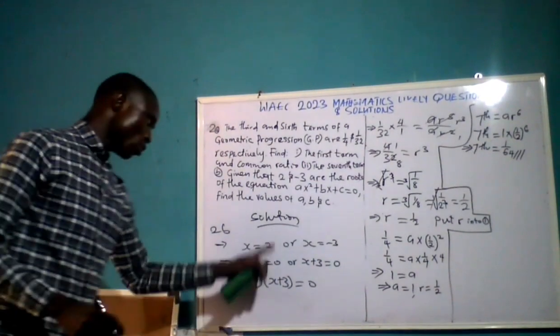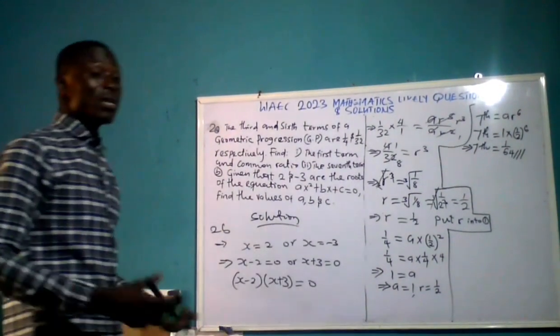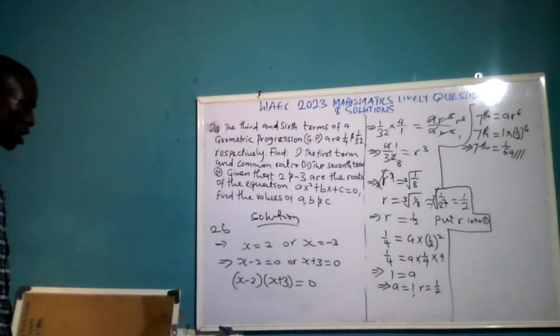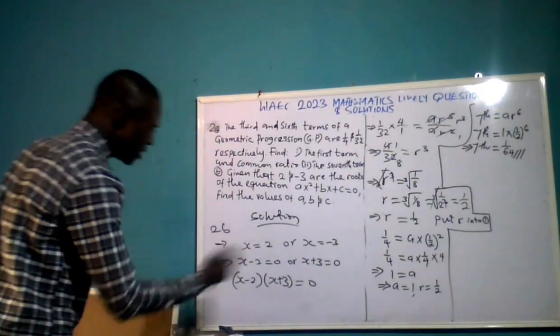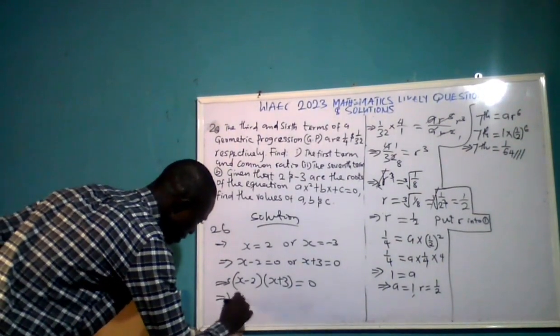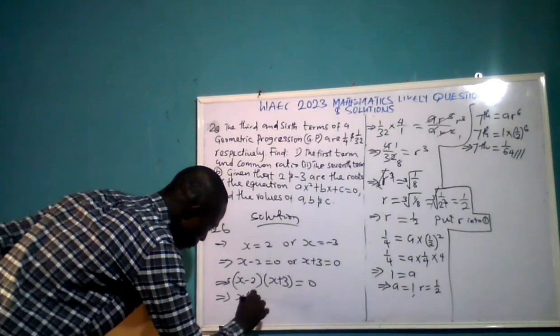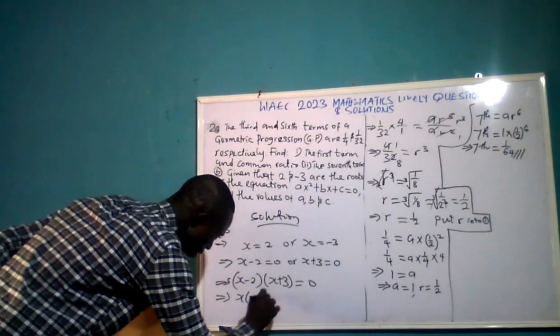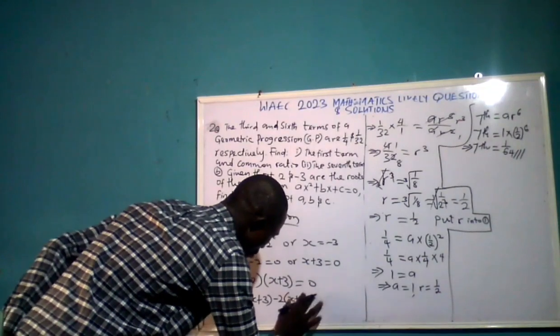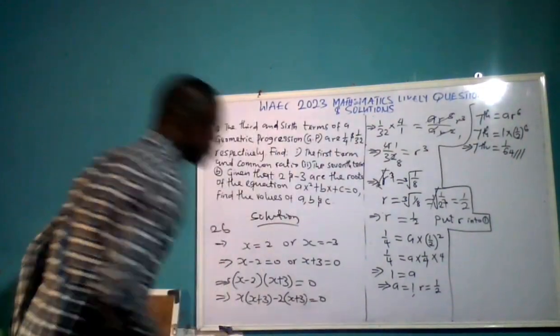If you have this equal to 0 and this equal to 0, then 0 multiplied by 0 will give you 0. So you can go ahead and distribute: x distributes over x plus 3, close bracket, minus 2 distribute over x plus 3, everything equal to 0.